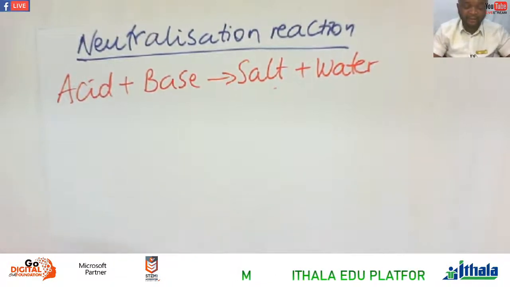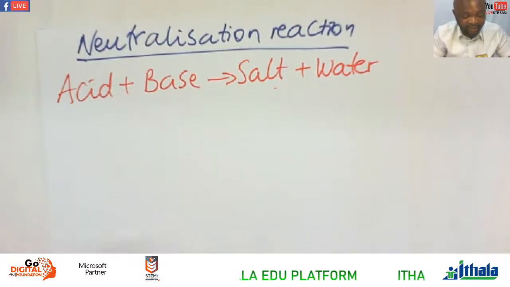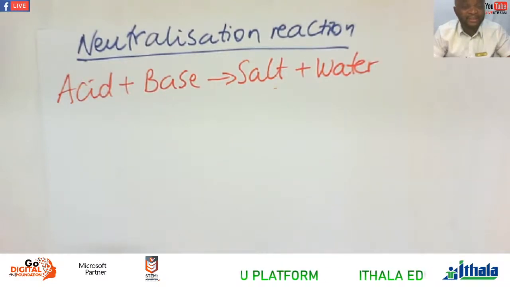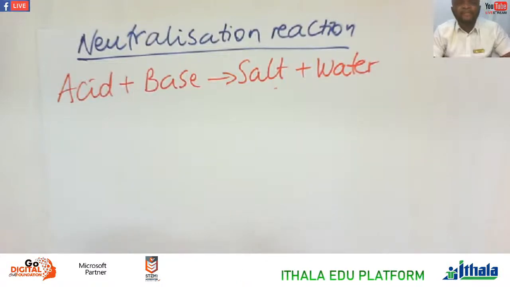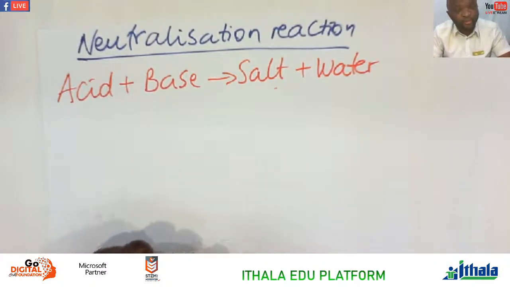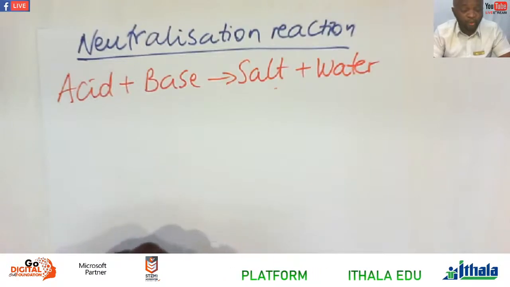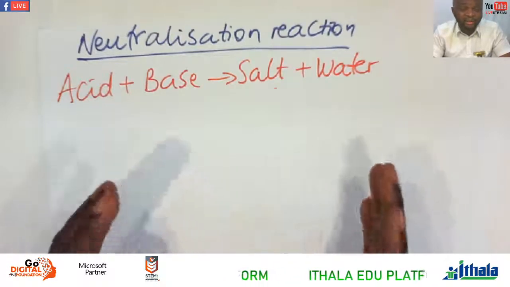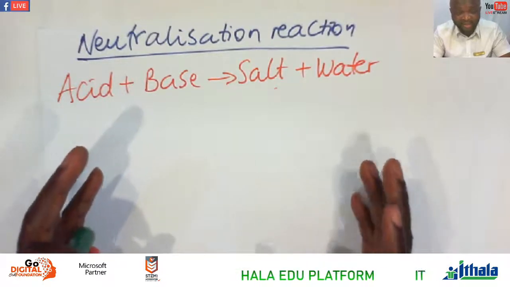Now, since we are talking about neutralization reactions, let's go back to indicators. Last time we talked about indicators. So we can react a strong acid with a strong base and use bromothymol blue, because its range is around 6 to 7,6.